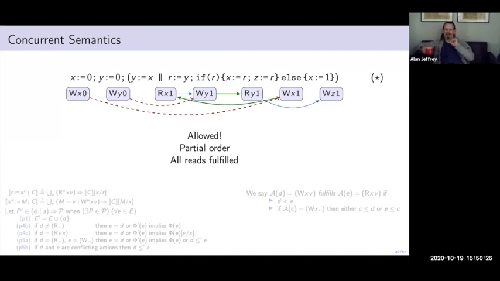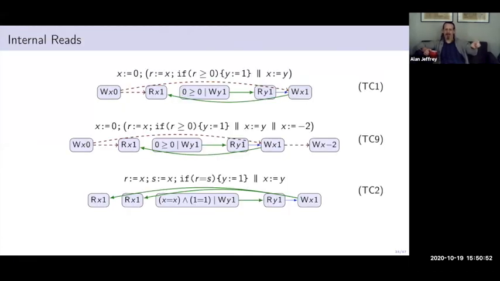Or a read might be an external read, in which case it puts down a read action, and there must be a fulfilling write action for it. And the thing that MCA allows you to do is partition every read that way. Every read has its way that it handles preconditions, its way it handles internal reads, and its way that it handles external reads.